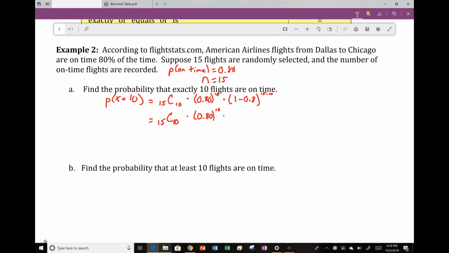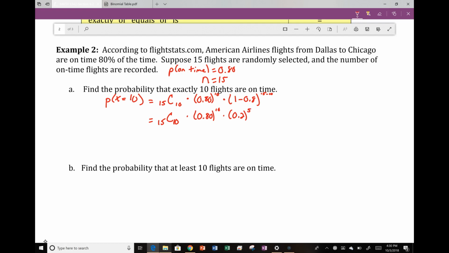1 minus 0.8. So if 80% of the time they're on time, 20% of the time they're not on time. And if I want exactly 10 to be on time, I have 15 of them, so that means I'm going to have 5 that are not on time.